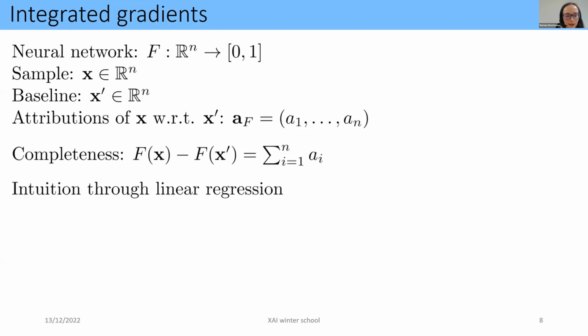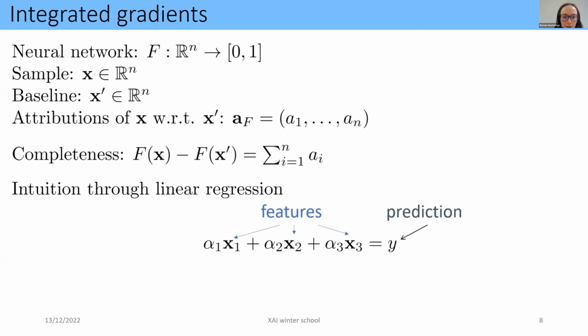So here is a little example to have more intuition on what integrated gradient is doing. My example is with linear regression. Let's say you have a linear regression with 3 input features. So y is your prediction, and you have 3 parameters, alpha 1, 2, and 3.